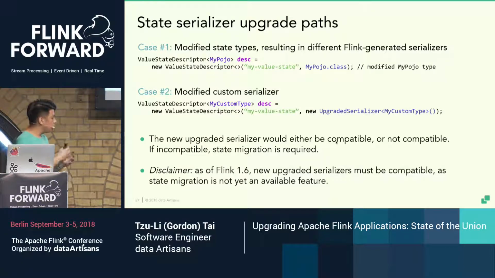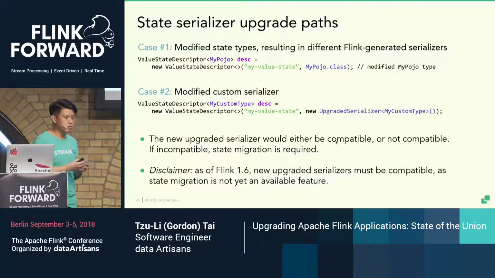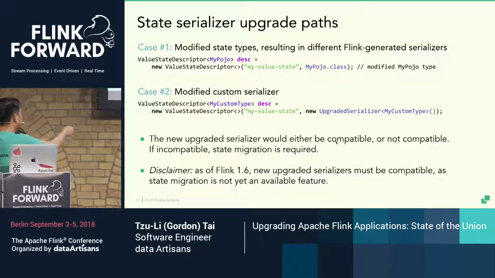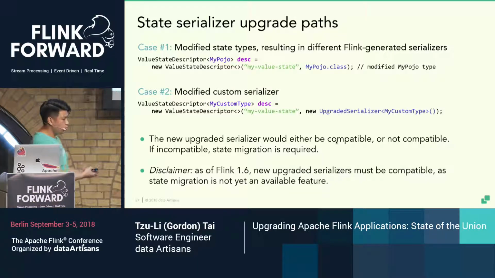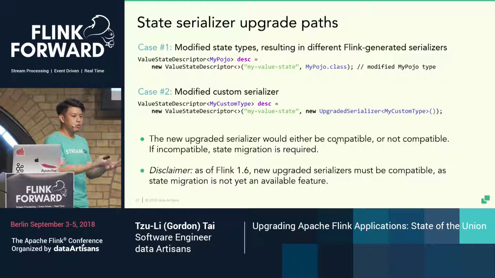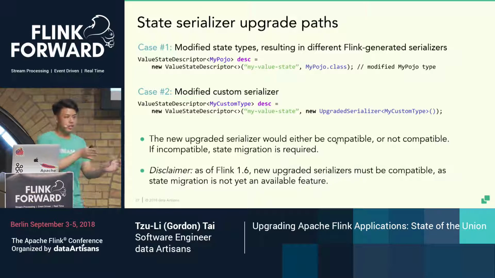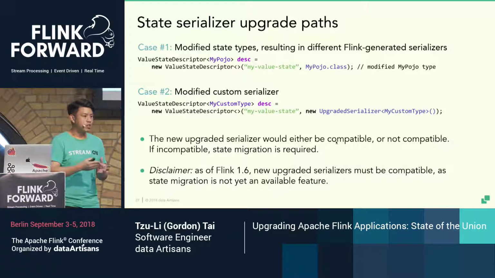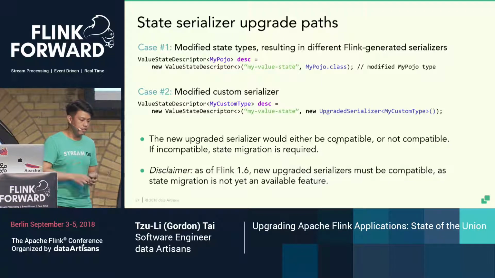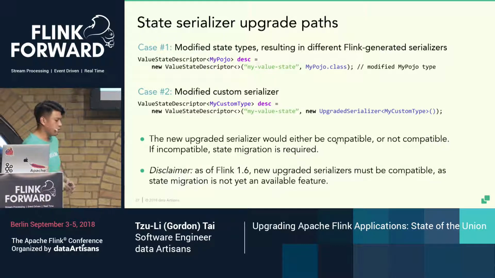So, just a little bit more detail, what would contribute to an actual state serializer upgrade? If you're familiar with Flink's serializers and how it extracts types and generates serializers for the types, this is fairly straightforward. If you had a POJO with 5 fields, the generated POJO serializer would only know how to serialize these specific 5 fields. Let's say in your new execution, you added some field to your POJO, then the schema would be different with regards to that POJO serializer.